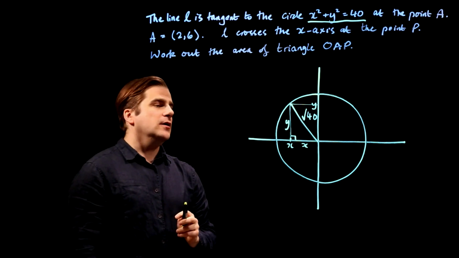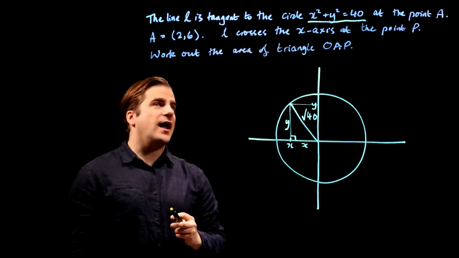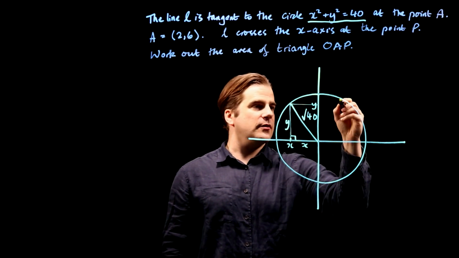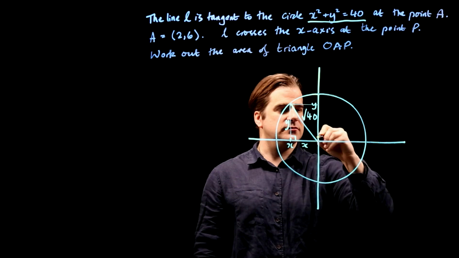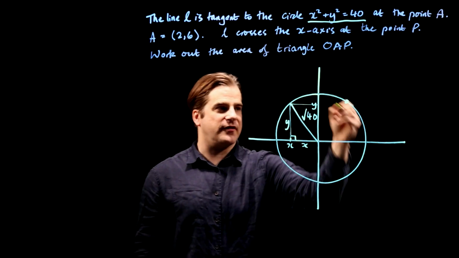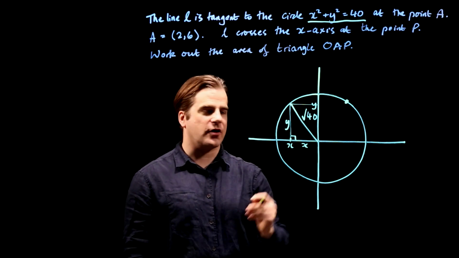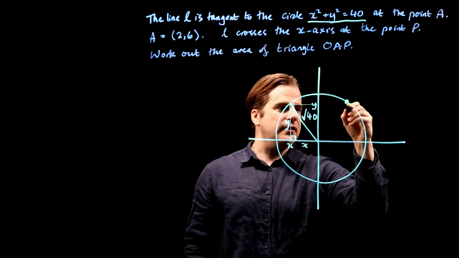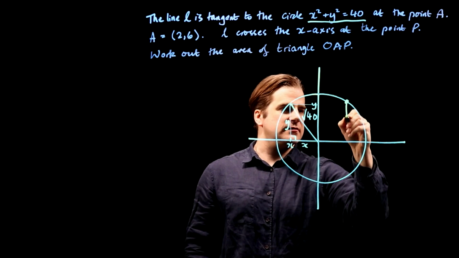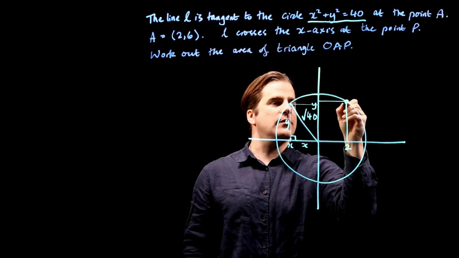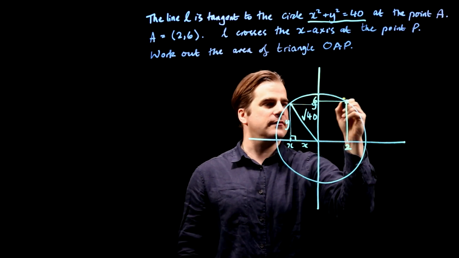Now, the point A, they tell us it's the point (2, 6). So at some point (2, 6), it doesn't really matter where, we don't have to get it super accurate. It's the concepts that matter. So we've got this point here, where x is 2 and y is 6.